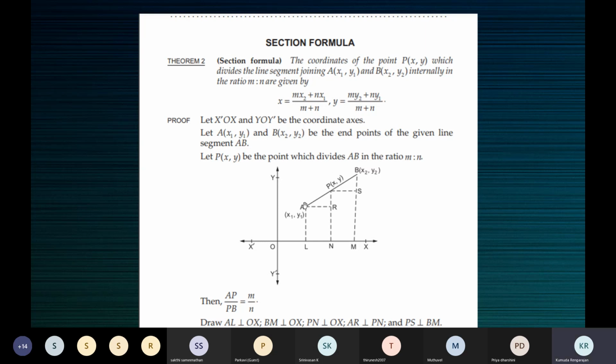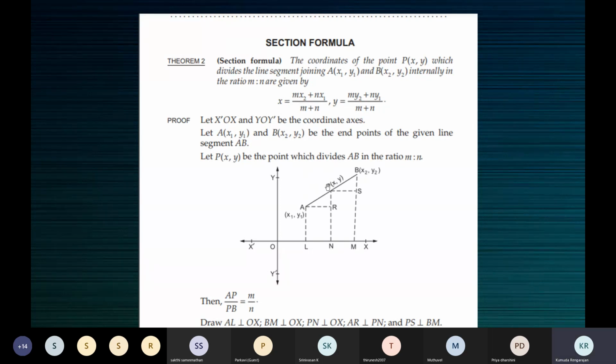So let the ratio be m/n, that is AP by PB. Let that ratio be m/n. M is to n. See, if P divides AB, then one piece will be AP. The other piece will be PB.